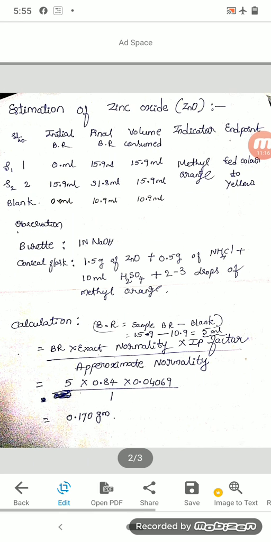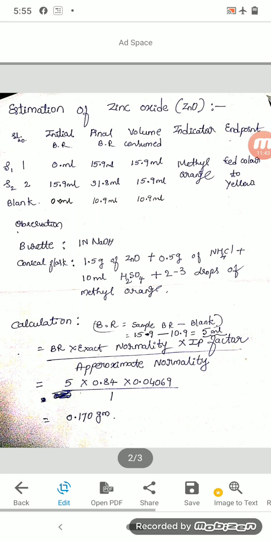And this is the estimation of zinc oxide, where you have to put a tabular column: initial burette reading, final burette reading, volume consumed, indicator, and also the end point. For sample 1 and sample 2, you have to perform the same thing two times with the indicator methyl orange. Then the third will be the blank test, so a blank titration will be there.